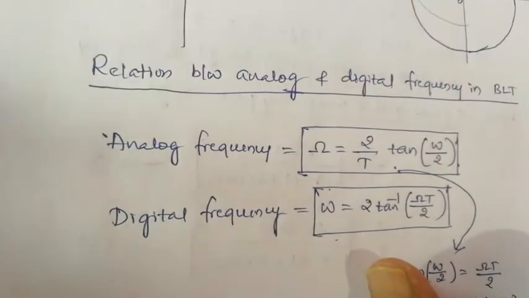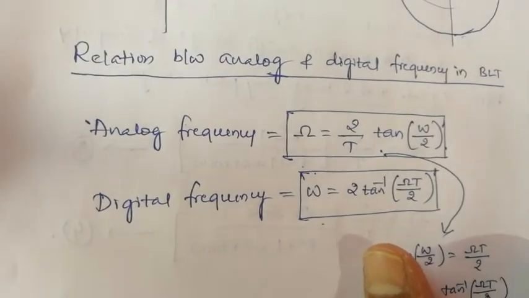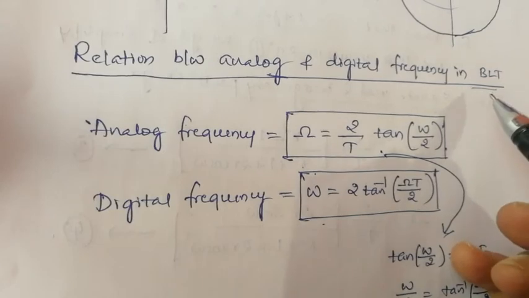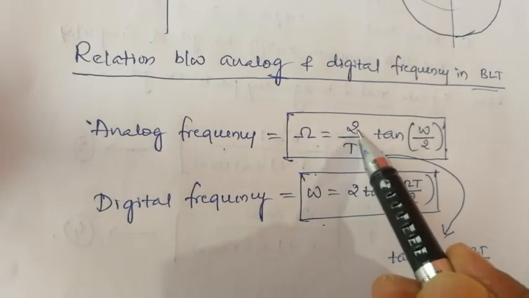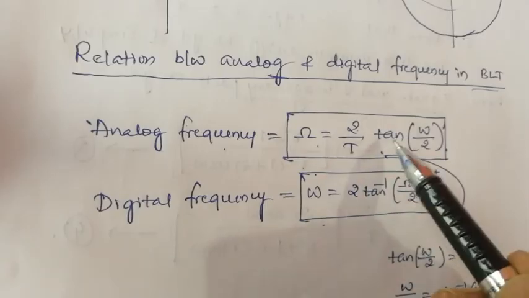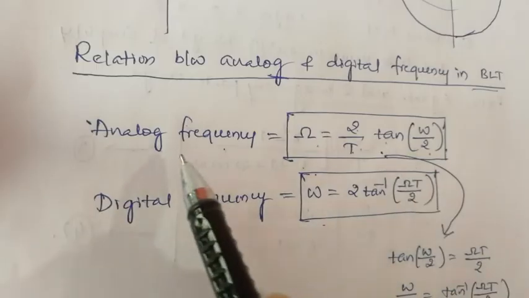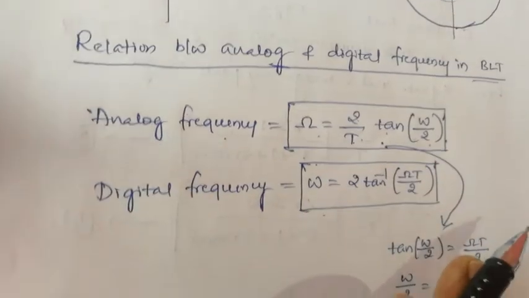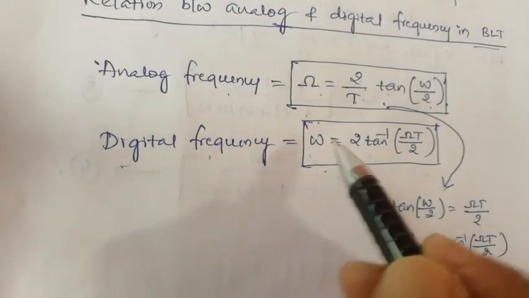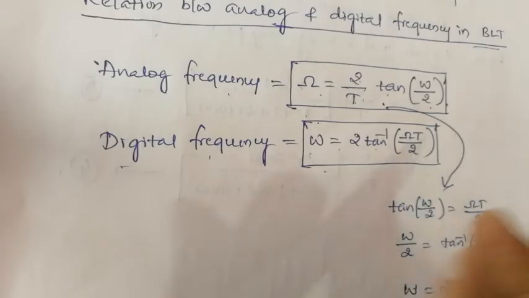Let's see the relation between the analog and digital frequencies in terms of the bilinear transformation technique. Analog frequency omega is represented as 2 by T, sampling period, tan of omega by 2. It is the expression for finding the frequency of the analog filter. Next, the digital frequency is represented as omega equal to 2 tan inverse of omega T by 2. How did we get this term?